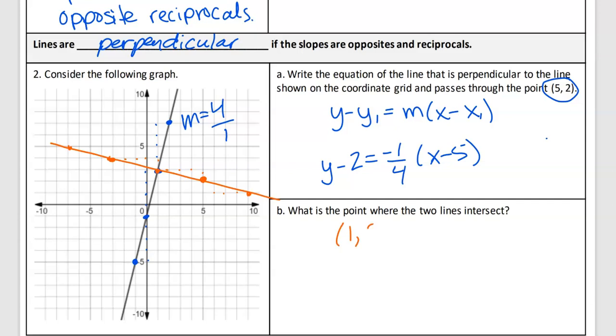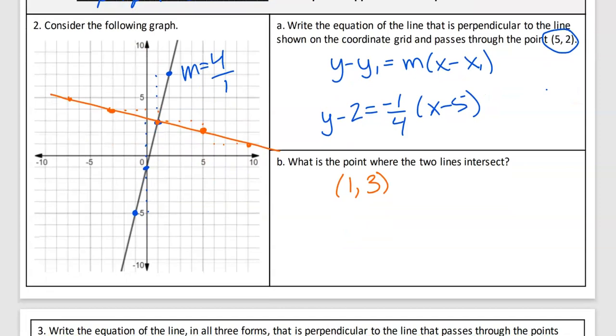My y is the 3. Good. So I was able to graph and see exactly where it happened. Questions? We're okay? Okay.